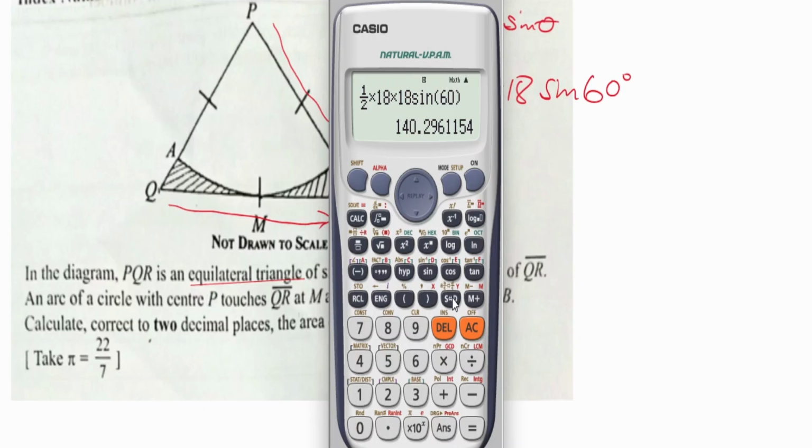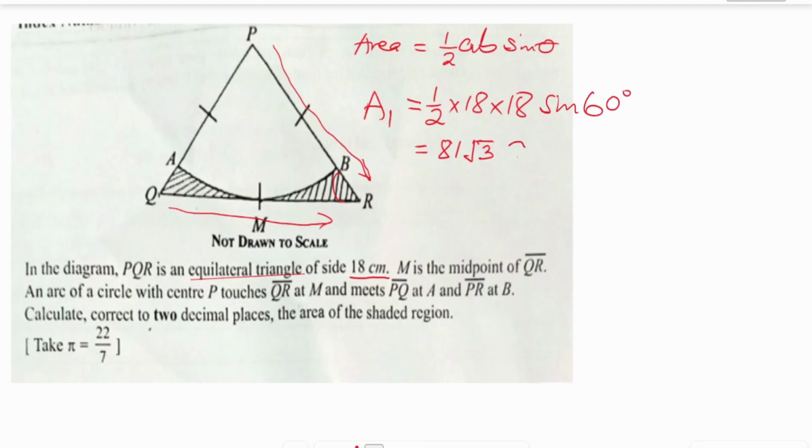So let me write both of them, which is approximately 140.2961 square centimeters.